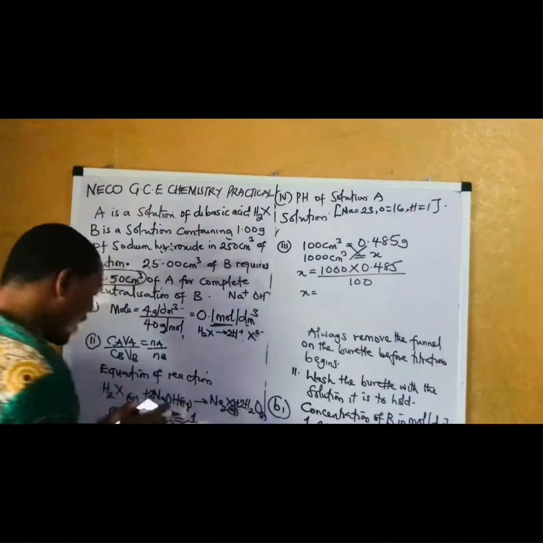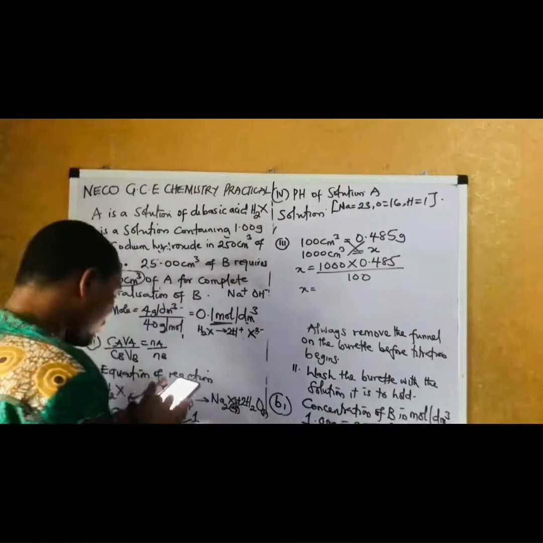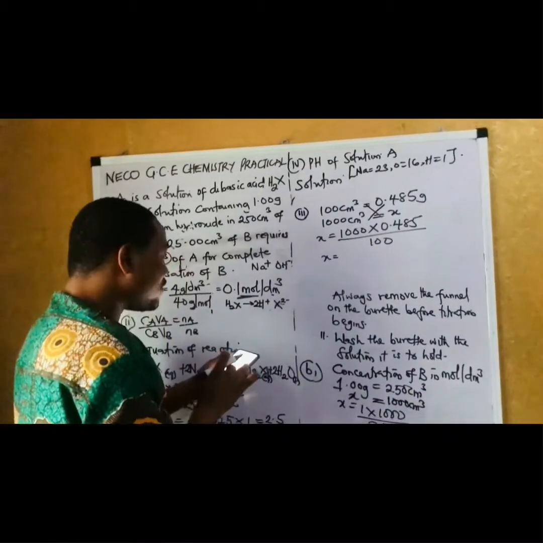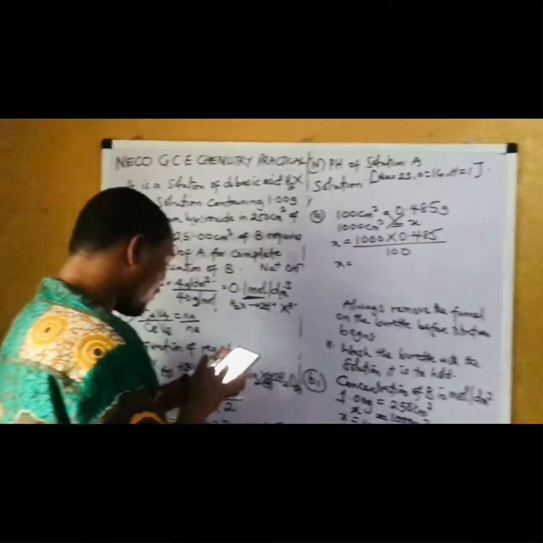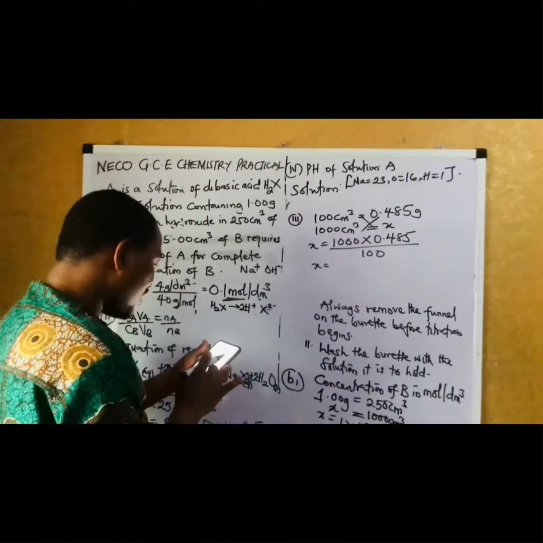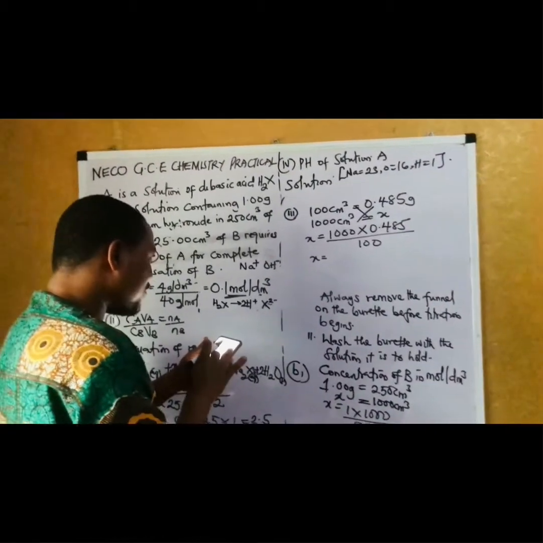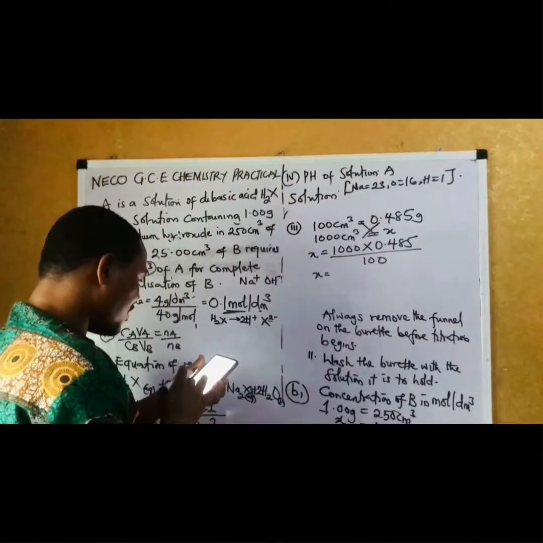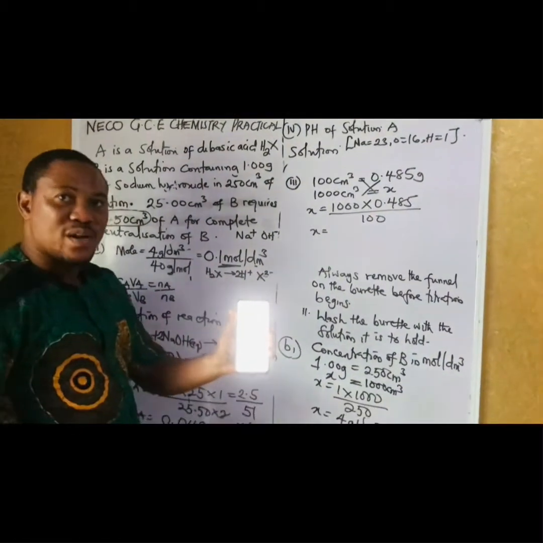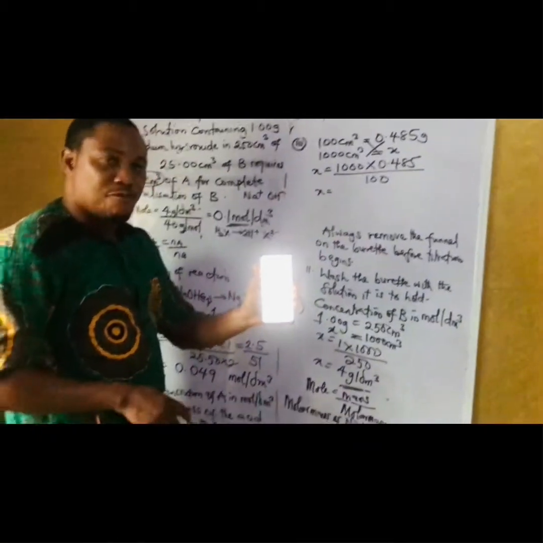So let's engage our calculator again. 1000 times 0.485 divide 100. And that's giving us 4.85. Can you see that? 4.85.